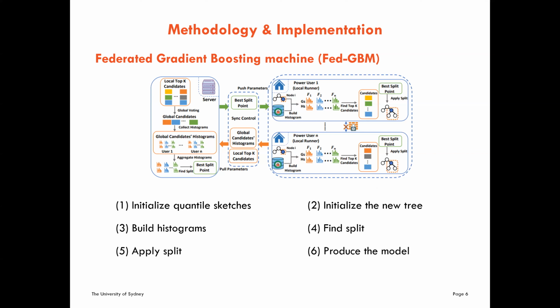In the fourth phase, we want to find a split. We apply the two-stage voting scheme to find the best split point for active nodes, and then broadcast the results to the local runners. When the local runners receive the results from the server, they apply the split. If a stopping criterion is met, the node stops growing and becomes a leaf. After we finish these phases, the model is produced.